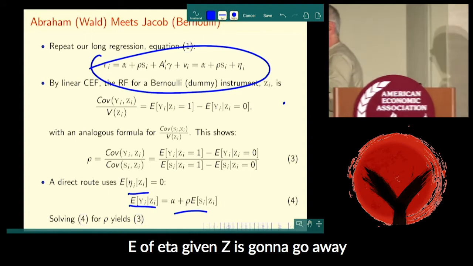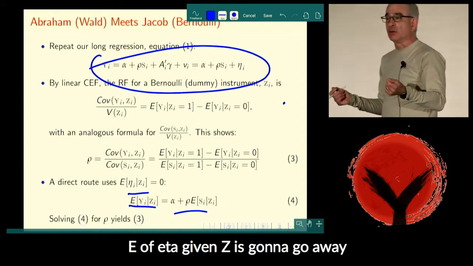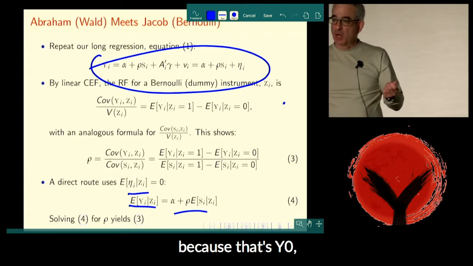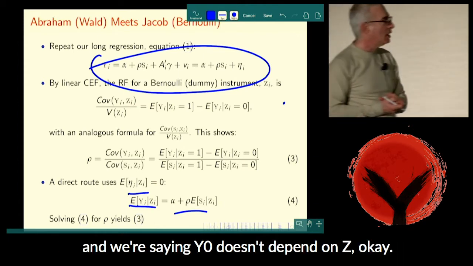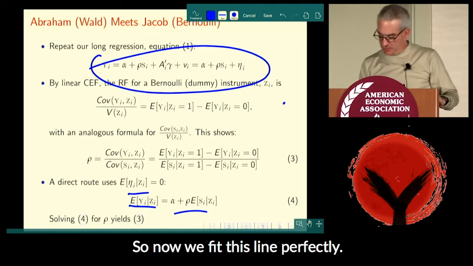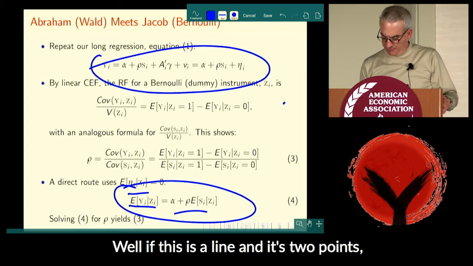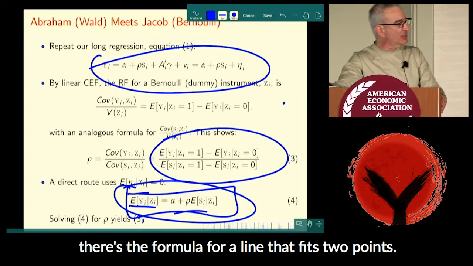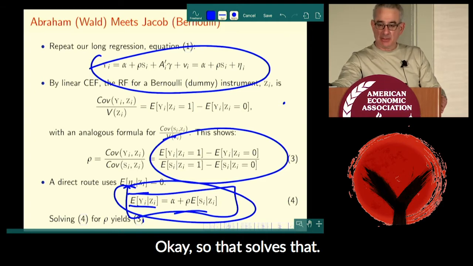E of epsilon eta given z is going to equal a constant, because that's our assumption, because that's y0, and we're saying y0 doesn't depend on z. Okay, so now we fit this line perfectly. Well, if this is a line and it's 2 points, there's the formula for a line that fits 2 points. Okay, so that solves that.